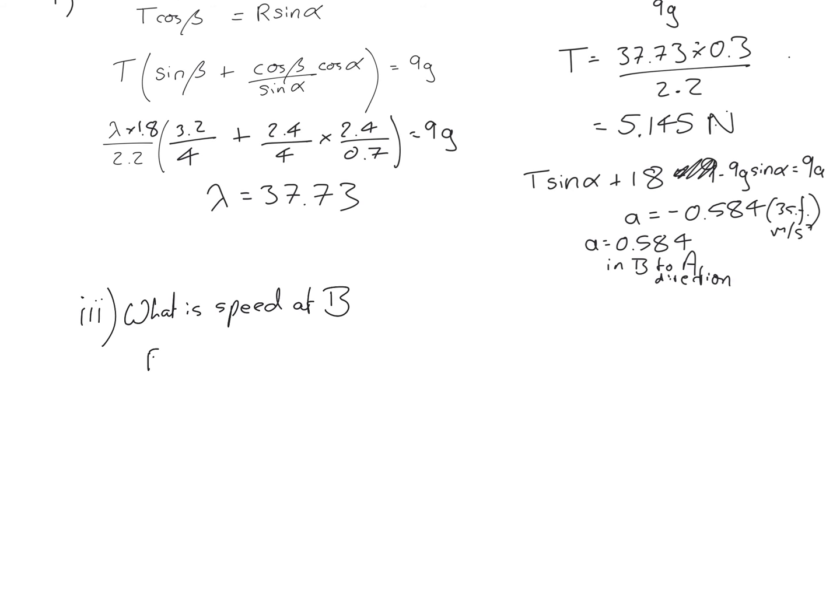So energy at A. Well, there is elastic potential energy, and let's call GPE 0. So we'll say 0 plus the elastic potential energy, which is a half lambda over 2.2 x squared, which is 1.8 squared.